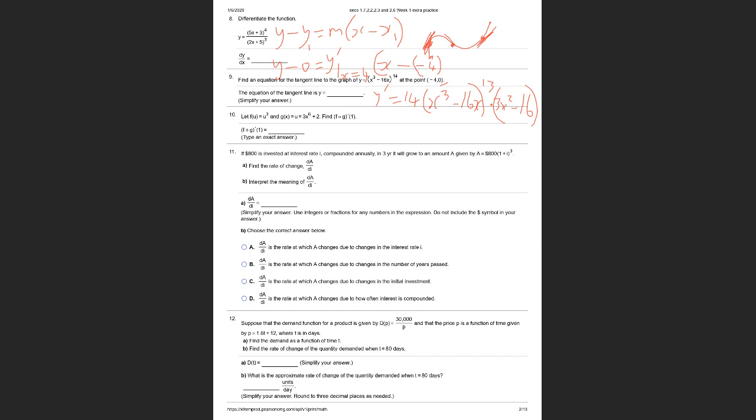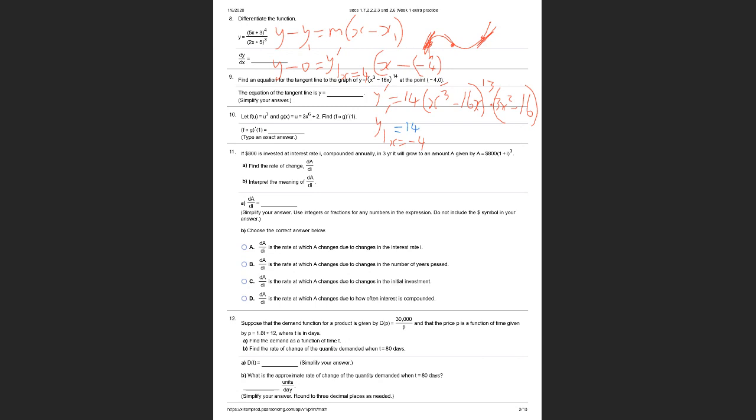All right, so now I can evaluate this function at x equal to negative 4. So y prime evaluated at negative 4, x equal to negative 4. And that means substitute negative 4 for x, wherever you see x in your derivative. And so that's what I'm going to do.